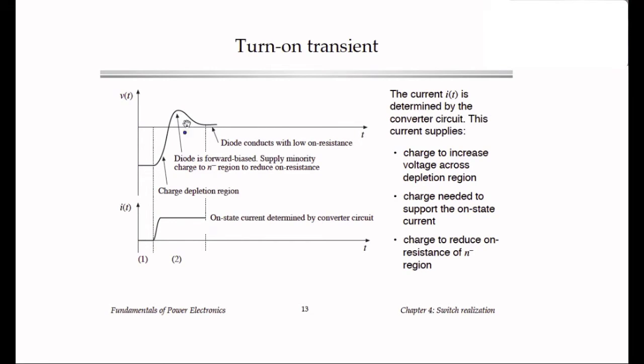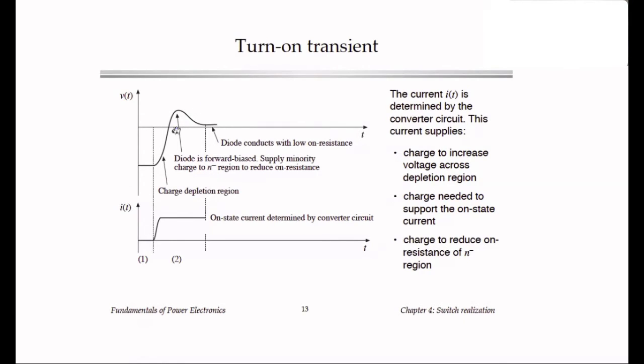We then try to turn on the diode, so that the circuit connected to the diode will apply positive current to the diode and raise the voltage across the diode. Initially, this positive current charges the capacitance of the depletion region and raises the voltage at some rate. Eventually, the voltage of the diode is positive and the diode turns on and starts to conduct current.